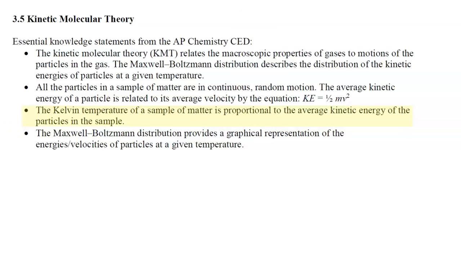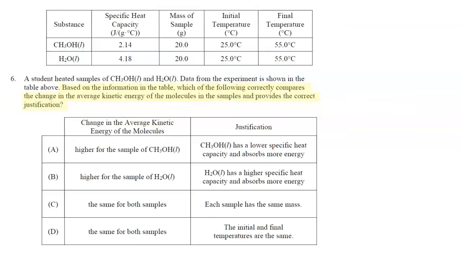The Kelvin temperature of a sample of matter is proportional to the average kinetic energy of the particles in the sample. So all we need to do to answer question 6 correctly is focus on the temperature, not the heat, not the thermal energy, but rather the average kinetic energy of the molecules in the samples.